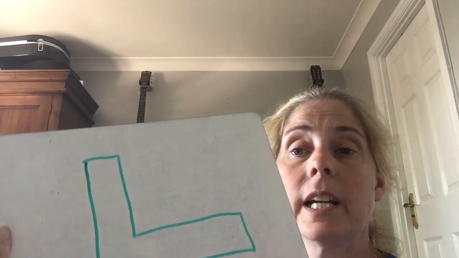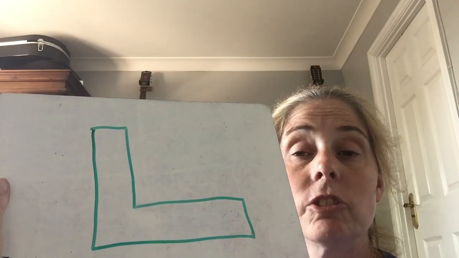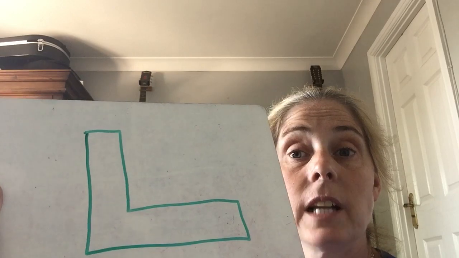So for example, if I had a shape like this, would it have a line of symmetry? Now the only way to work that out is to actually make that shape. So if I was to get a piece of paper, cut that shape out, I'll just do it very quickly.